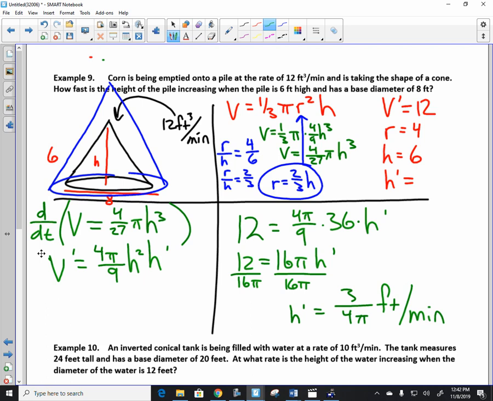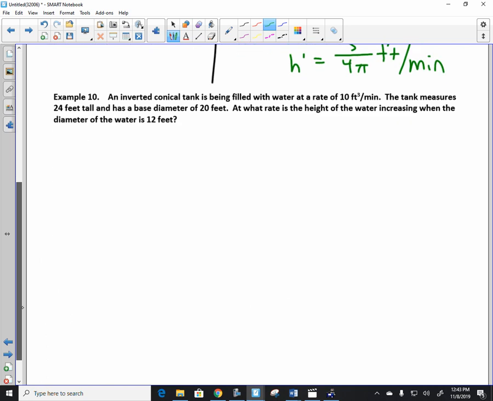Suppose I change the question, how fast is the radius of the pile increasing? Well, then you would have to do a slightly different formula, right? I'm not going to give you the exact same question. You do understand that, right? You're going to have to understand a slight nuance. I just have to understand the problem.